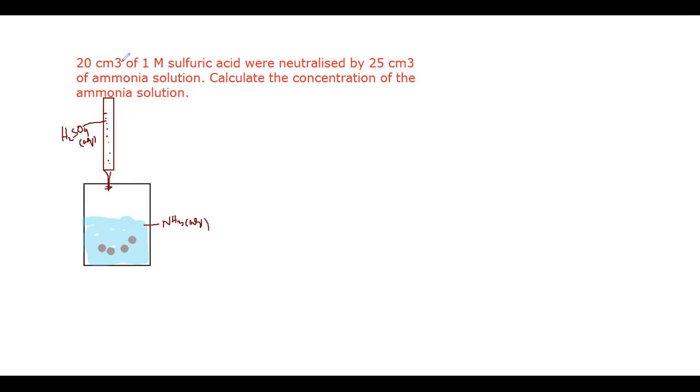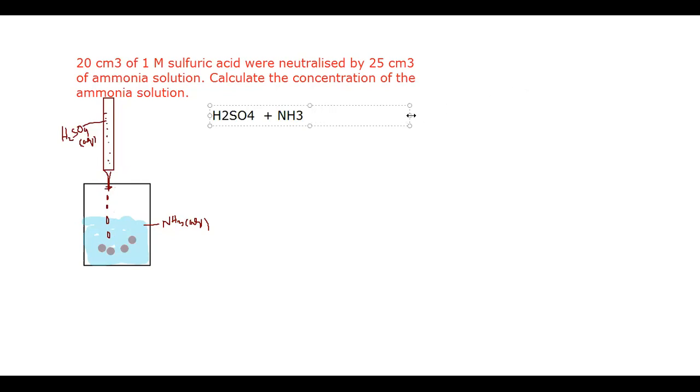Now the next part. Let's suppose I open the tap, and the drops of sulfuric acid will move here and react with the ammonia. First of all, we need to know the basic chemical equation of these things. What's the formula of sulfuric acid? That is H2SO4. Then NH3, ammonia.